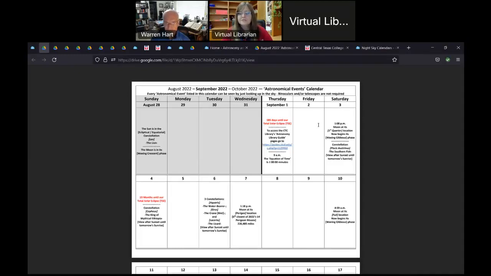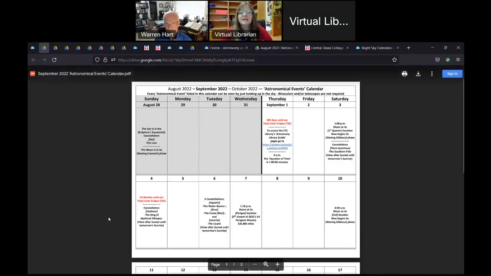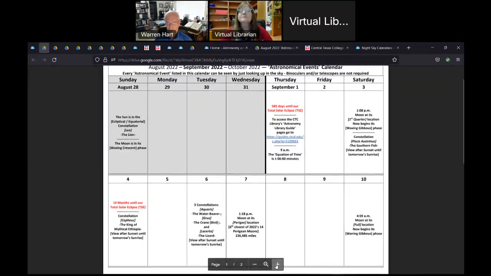Well, let's go on to Saturday the 3rd. We notice here, at 1 in the afternoon, we are at another location for the moon, and it happens to be our first quarter, because remember, go back to the August calendar, on that Saturday it was a new moon. So it's gone, and Saturday will be a first quarter moon.